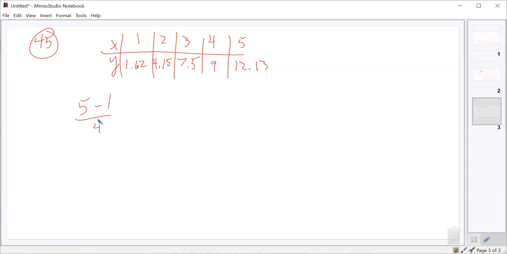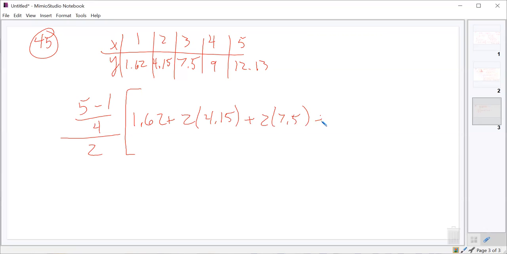That's b minus a over n, or we call this h, over 2, and then times the first y value, and then 2 times the next y value, and 2 times the next y value, and 2 times the next y value, all the way till you get to the last y value, which you do not multiply by 2. So you can just go straight through with the formula on that one.